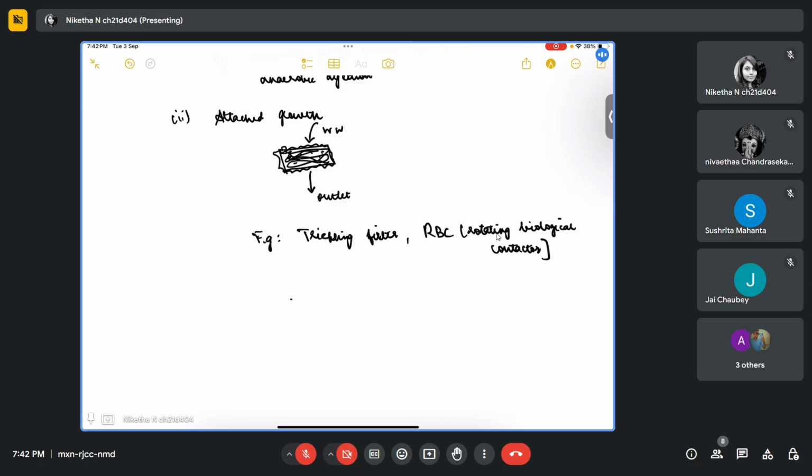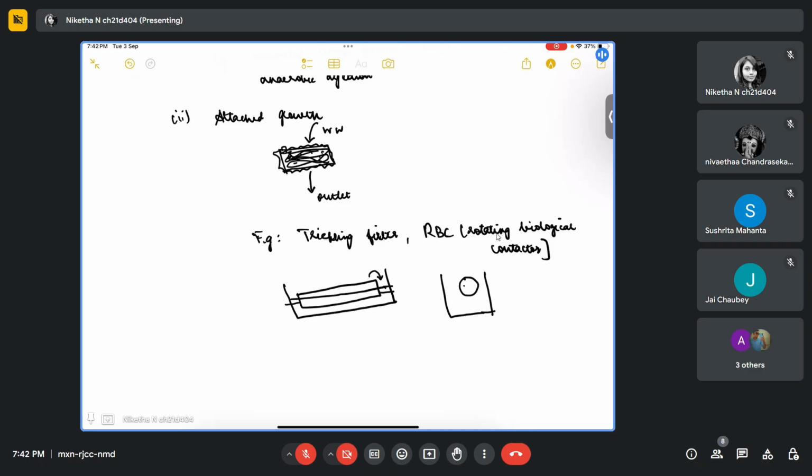So in an RBC, you will have a rotator like this, and this will be suspended in a tank containing wastewater, and this rotator will be rotating at a very slow motion. I'm showing the side view here.